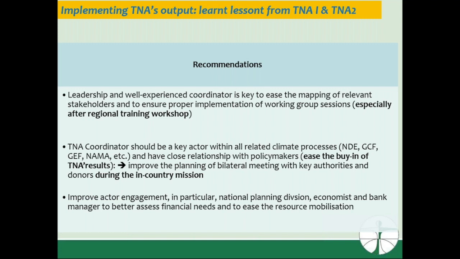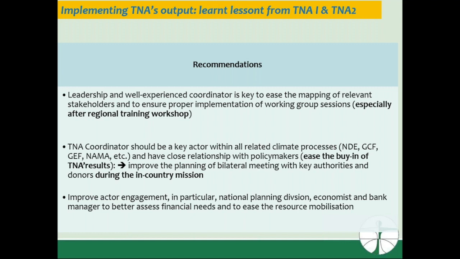Because what we have seen is that some action plans have not been well elaborated because of constraints when it comes to the assessment of financial and economic aspects. The early engagement of these stakeholders can help to better assess the financial need, and also to elaborate very well bankable projects that can be submitted to funding agencies, the GCF, the GEF, and all the funding donors.